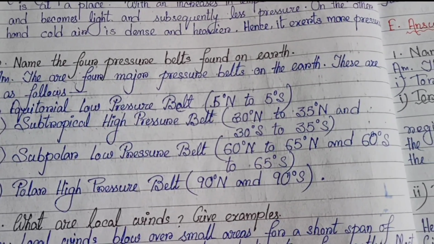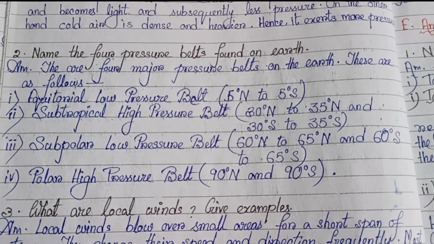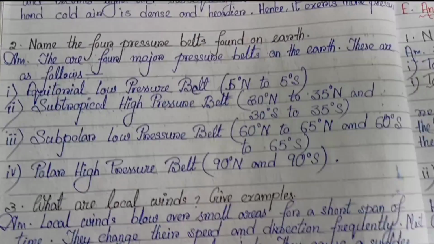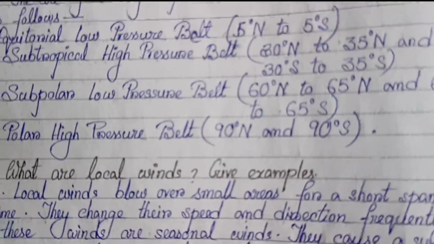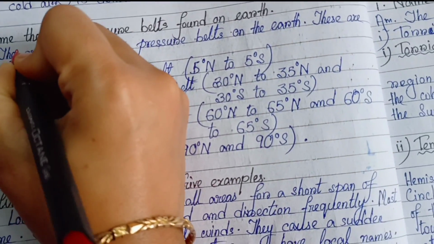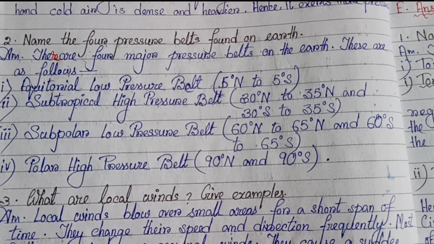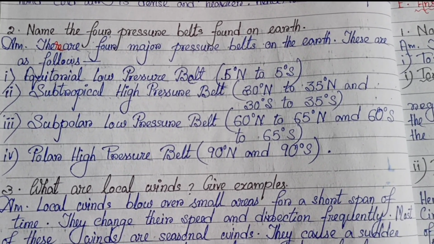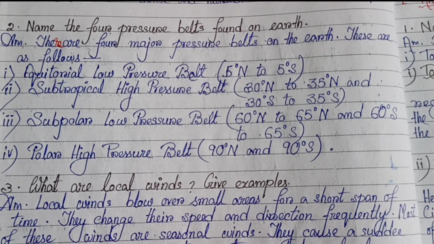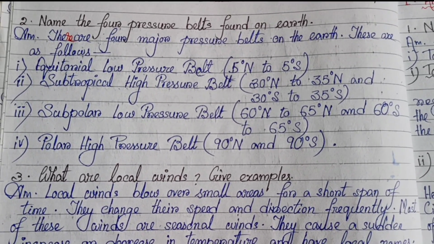Number 2, name the 4 pressure belts found on Earth. There are 4 major pressure belts on the Earth. These are as follows. Number 1, equatorial low pressure belt, 5 degree north to 5 degree south.